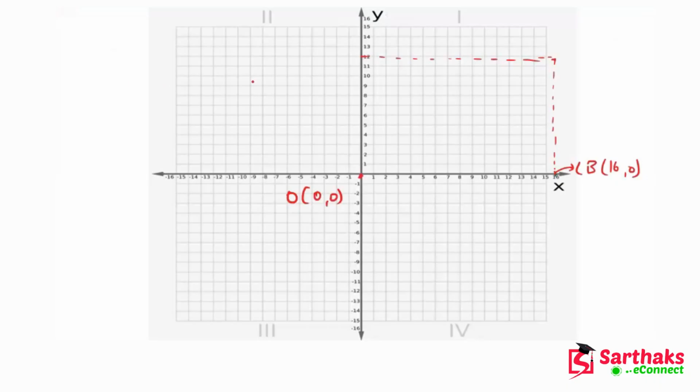This is our coordinate C, which is (16, 12). I hope you understand these things.